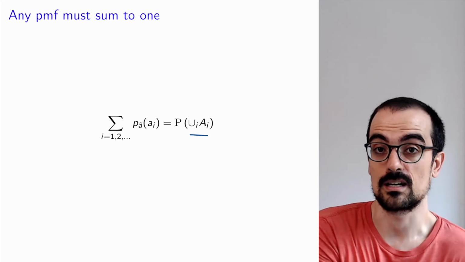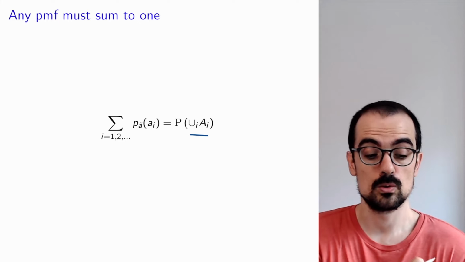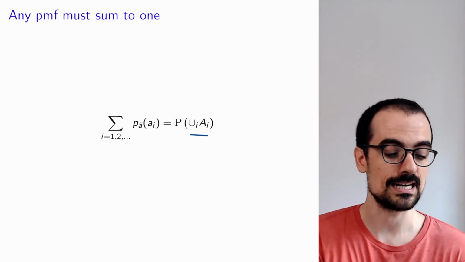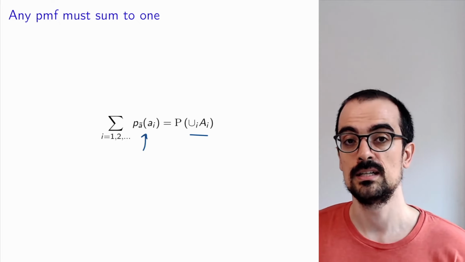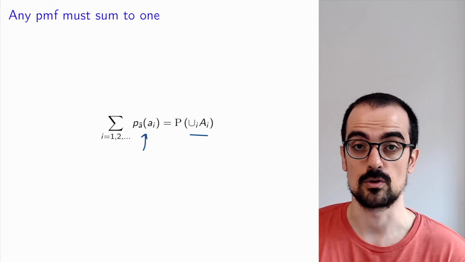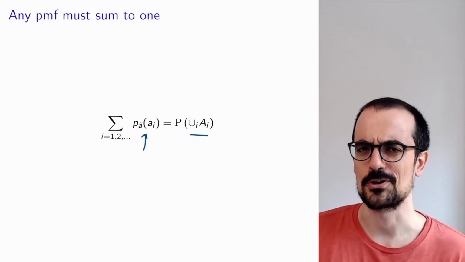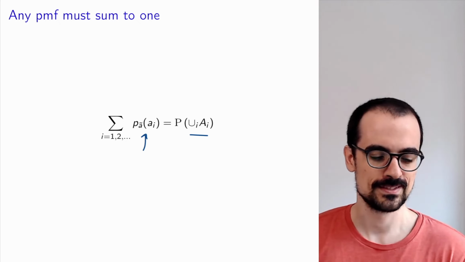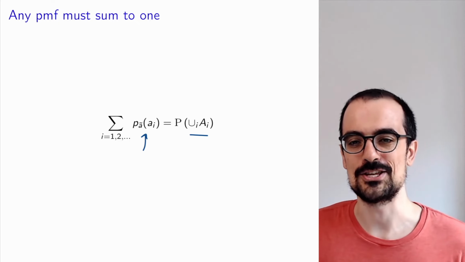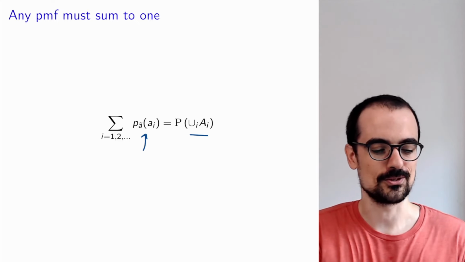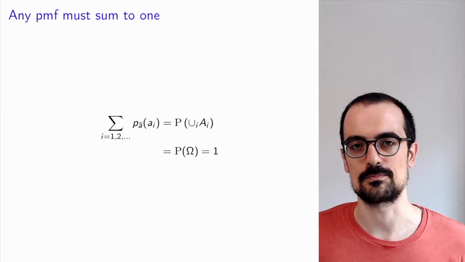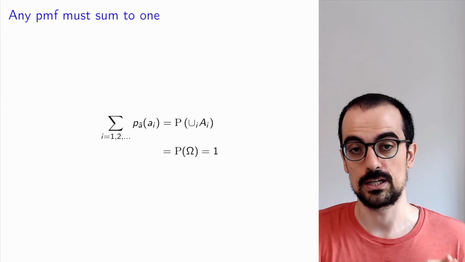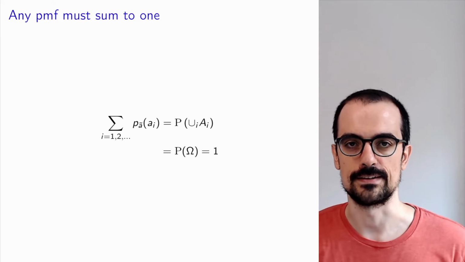Because all of those events are disjoint, the probability of their union is the sum of the individual probabilities, and each individual probability is just the value of the PMF for each a_i. Okay, but what is the union of these guys? They're a partition, right? So the union is the whole sample space, which has probability 1. So every PMF has to sum to 1 because of the properties of this event.